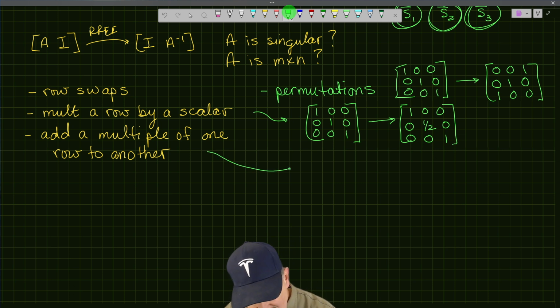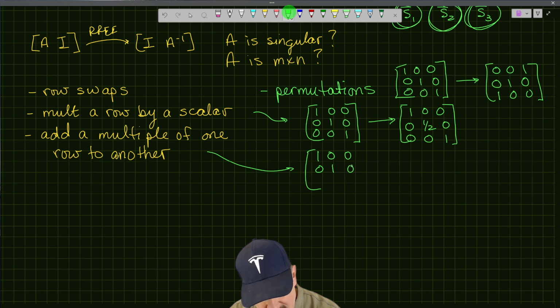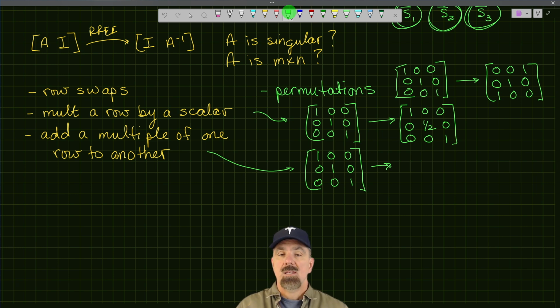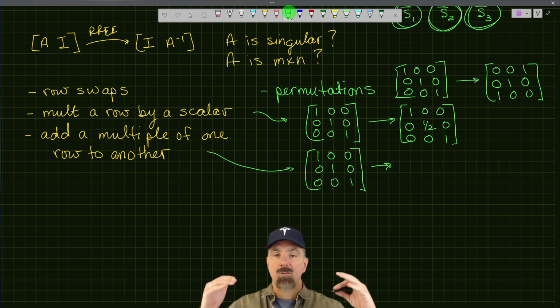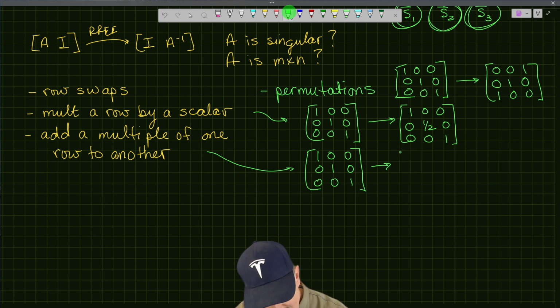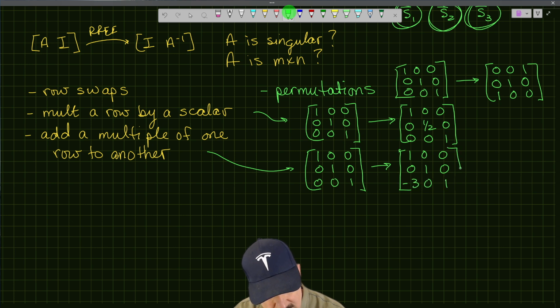Remember from the elimination matrices, I could start with the identity, and we only talked about this one time, but it bears repeating. Let's say that I want to take -3 times the first row and add it to the third row. I could just do that with the identity matrix. I could take -3 times the first row and add it to the third row, and I would end up with this.